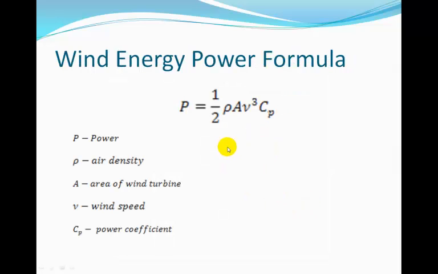And here's the power formula for wind energy power calculation. It is derived from this equation, and the power coefficient depends on the size of the turbine, which varies with each turbine.